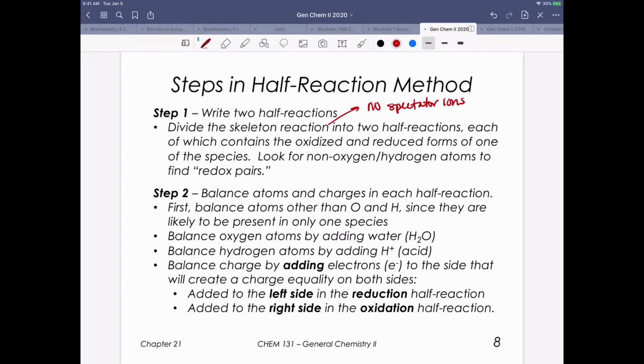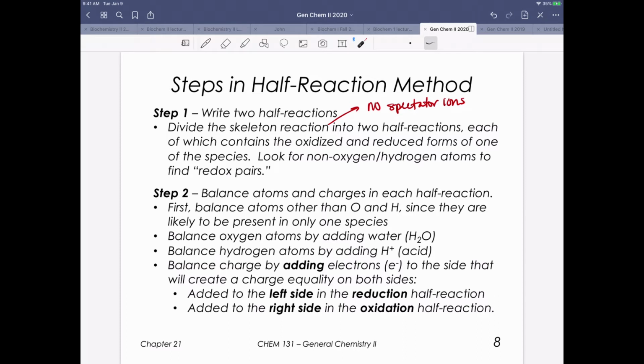Remember, we thought about this when we had net ionic equations last semester in Gen Chem 1 when we did precipitation chemistry. We had our net ionic equation. So again, we're going to divide our basic chemical redox reaction into 2 half reactions, and each one is going to contain the oxidized and the reduced forms of one of the species.